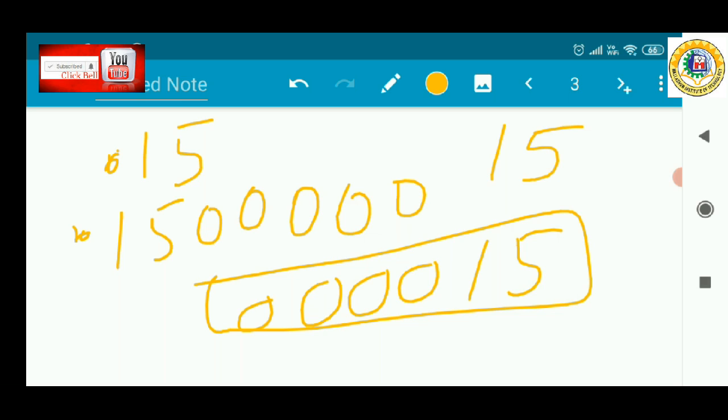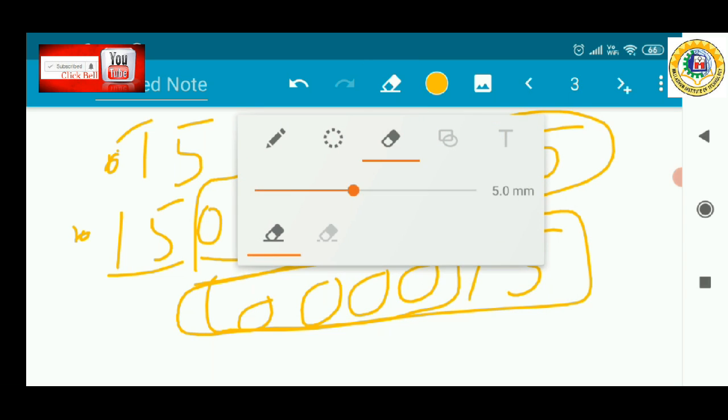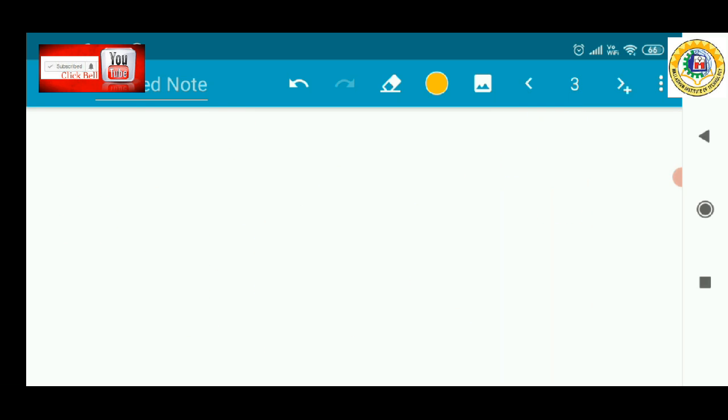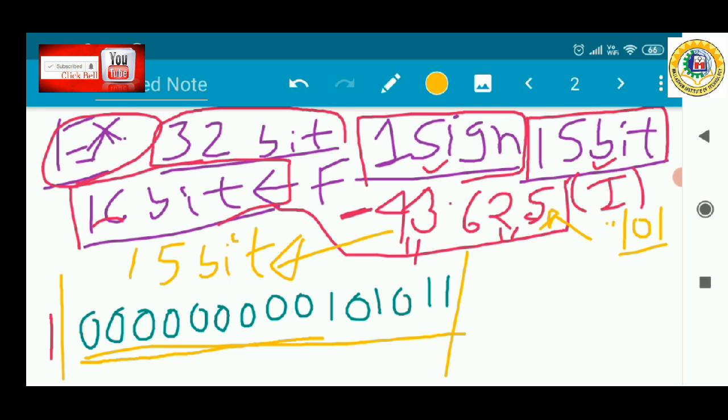So after the fractional part we can use as many zeros after it, and for the integer case we have used as many zeros before it. That concept is actually used. So we have to represent 0.625, which is 0.101, and we have also reserved 16 bits for that.